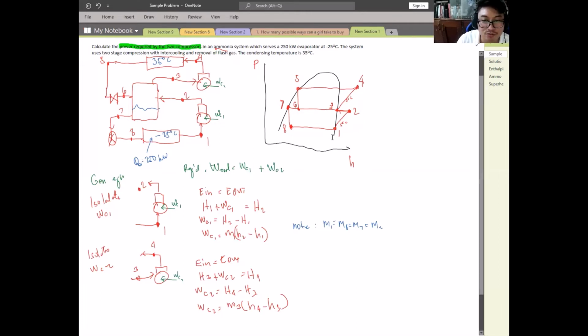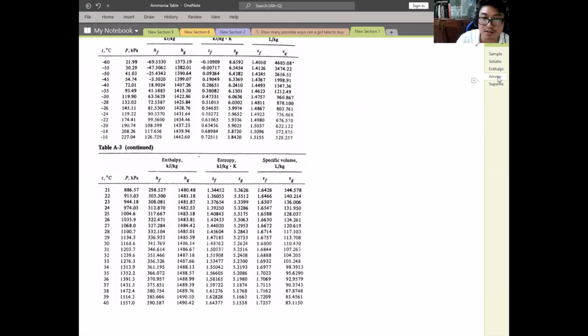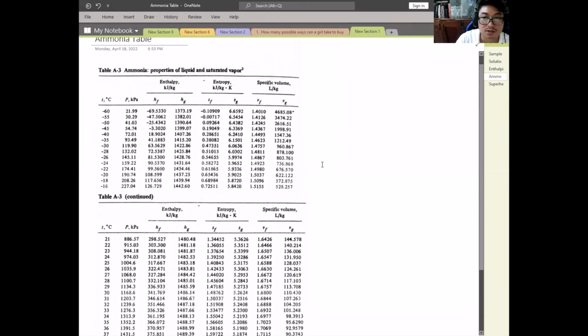Check natin ito munang si pressure 1. No? Pressure 1, so that is negative 25 degrees Celsius. So, check natin sa ating ammonia chart.